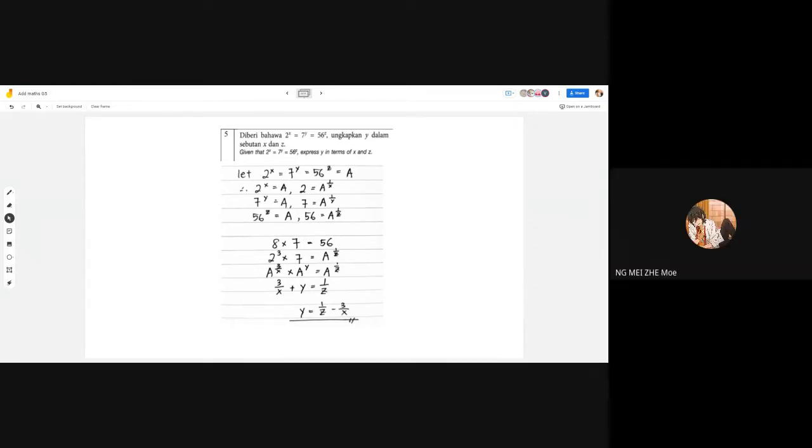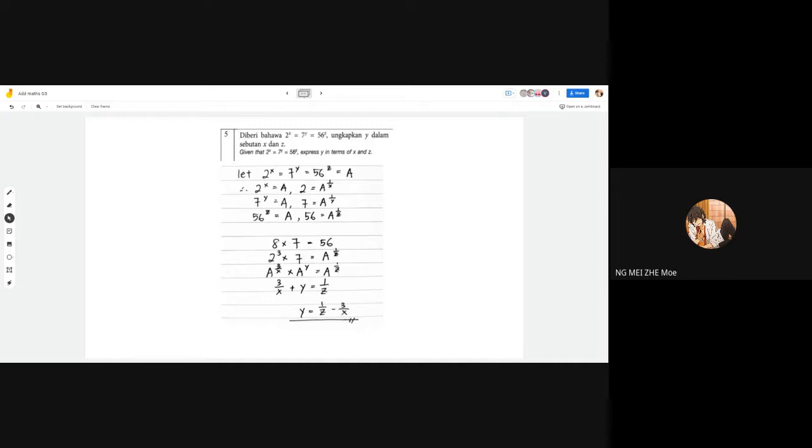Okay. So for number 5, given that 2 power of x equals 7 power of y equals 56 power of z, express y in terms of x and z. So the first thing I do is let 2 power of x equals 7 power of y equals 56 power of z equals a.